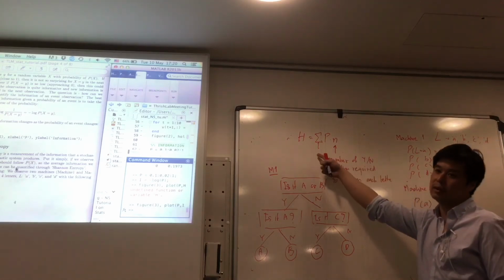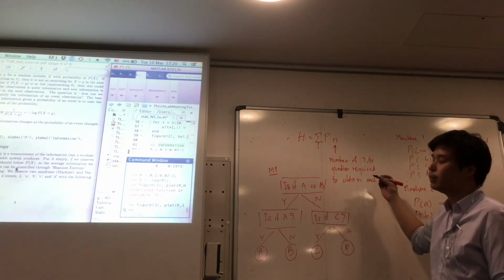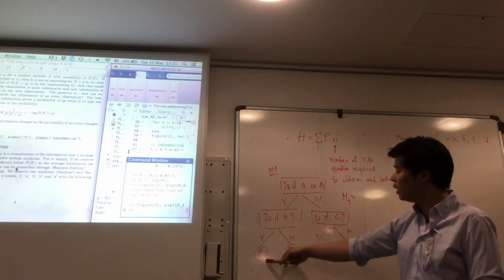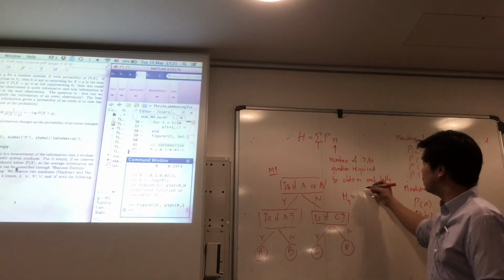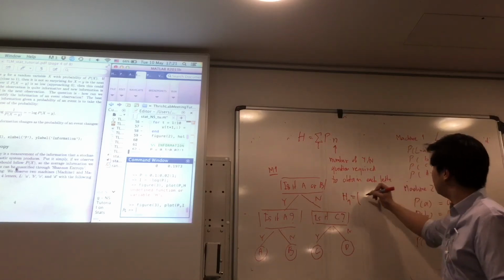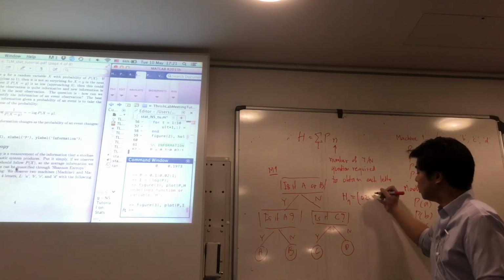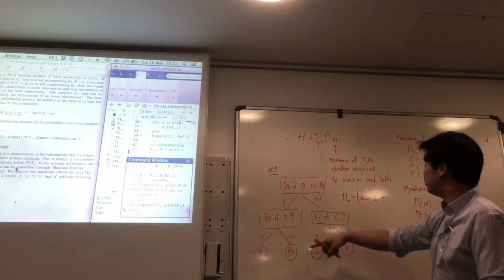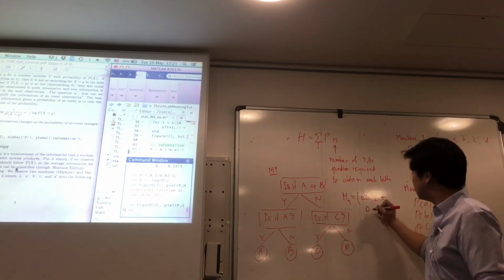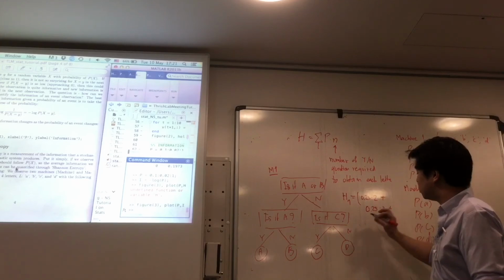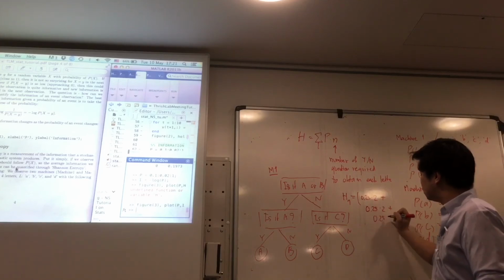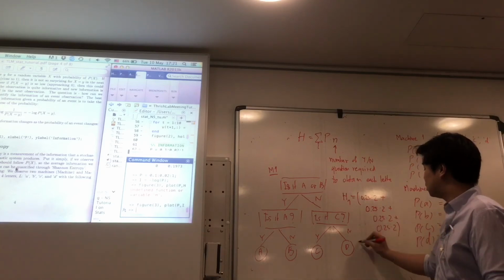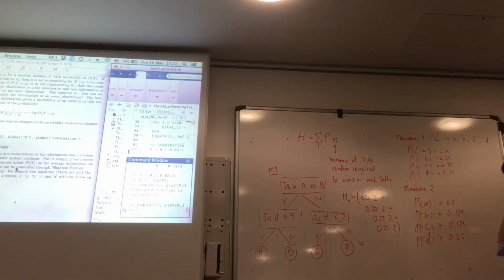So what is the Shannon entropy of machine 1? To get A, you require 2 questions, so you take the probability of A, 0.25 times 2, plus, to get B, you also require 2 questions, 0.25 times 2, plus C and D as well, which is equal to 2.